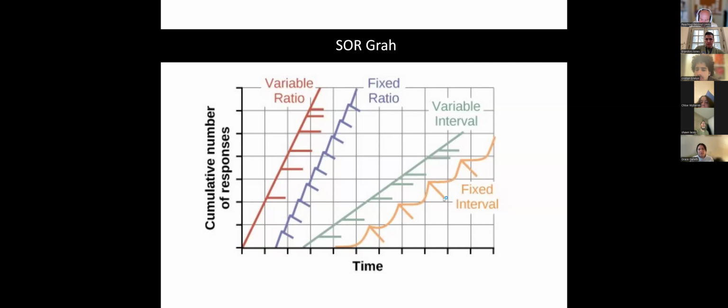So if we go back to our slot machine, and instead of a variable ratio schedule we had a fixed interval schedule, say a fixed interval 3, what kind of response rate would we expect to see from the patron at the casino?